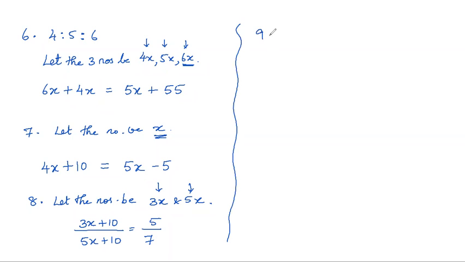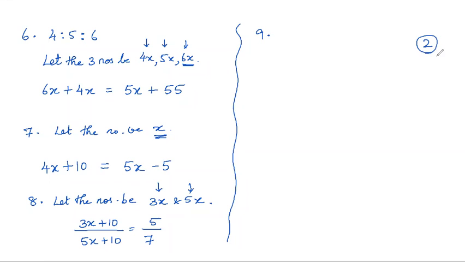And then the ninth one. Find three consecutive odd numbers whose sum is 147. Three consecutive odd numbers. See, odd numbers and even numbers, how can you frame them as consecutive numbers? Any number, when you multiply it by 2, becomes an even number.